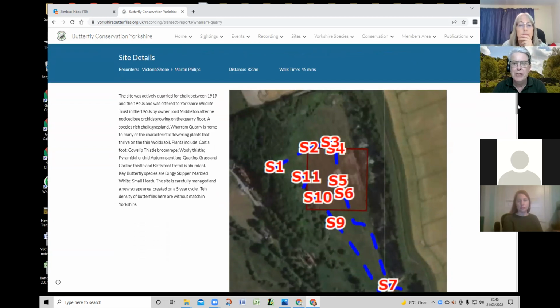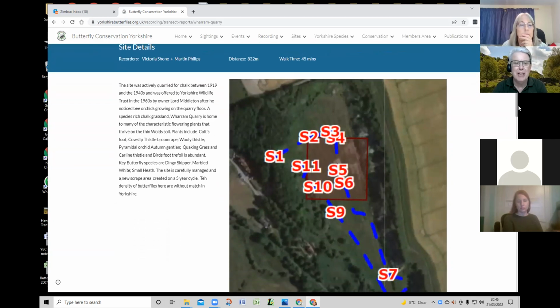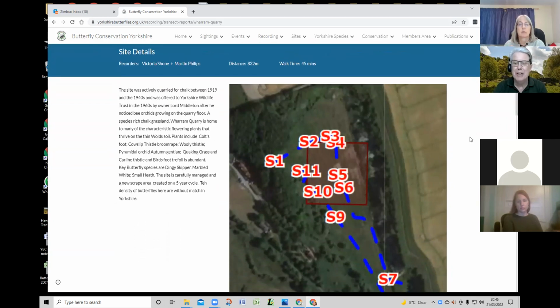Tiny postage stamp sized reserve on the Yorkshire Wolds. It's walked by Victoria Scone and Martin Phillips. I'm afraid I haven't had a chance to see who's with us and who's not with us, but I think Martin was with us at one point. He might like to just butt in and comment on what I'm going to say.